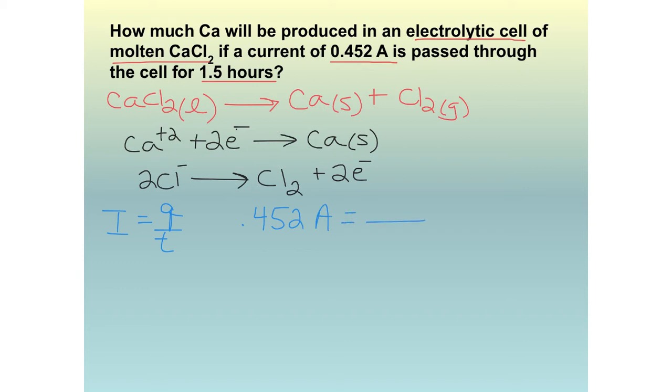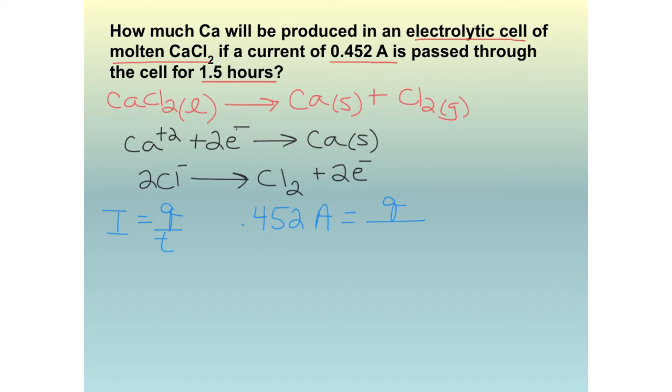Q is going to be one of the things that I am solving for, and that is going to be in coulombs. And then T is time, but it does have to be in seconds. So 1.5 hours. So you have 1.5 hours times 60 minutes times 60 seconds.